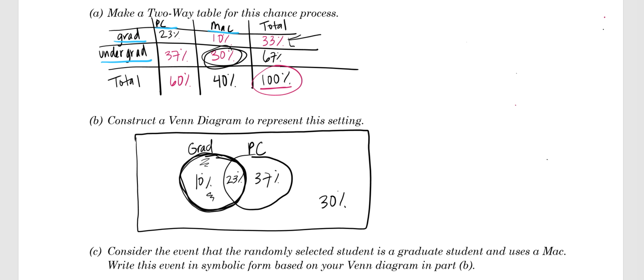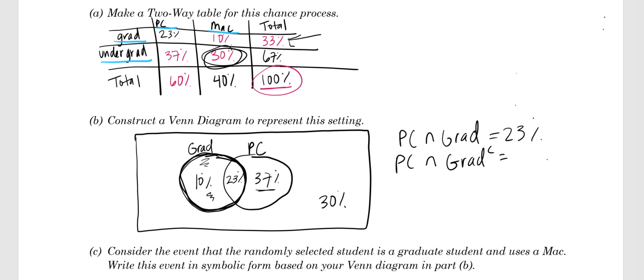But just to clarify, notation-wise, PC and graduate would be the section in the middle, 23%. PC and not graduate would be this guy, 37%.